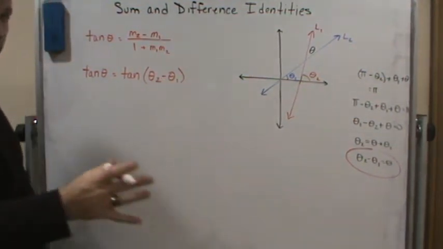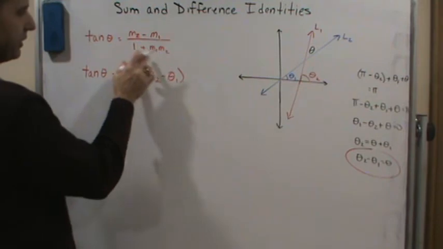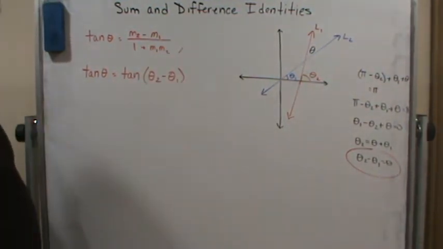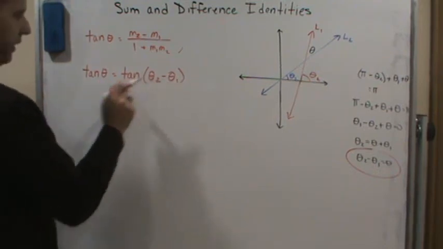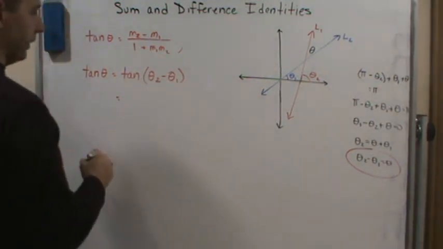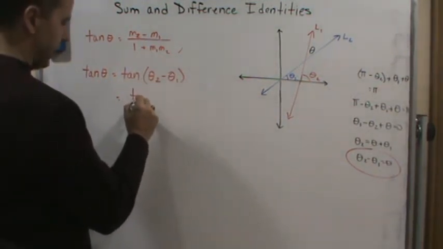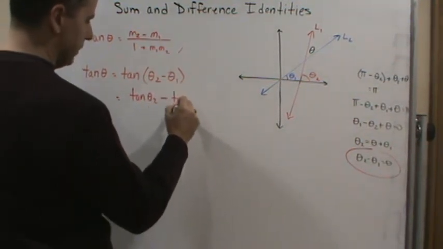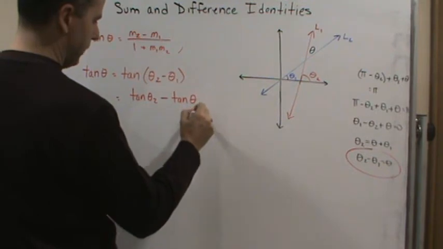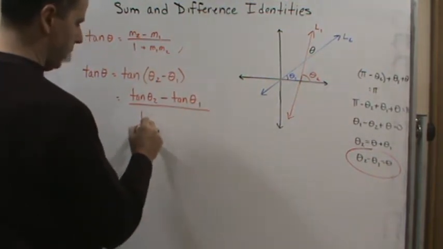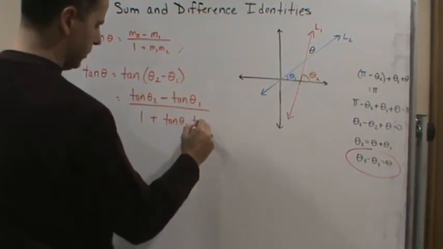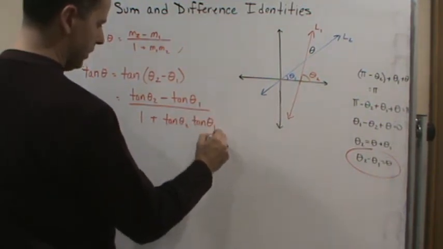And now this is where it falls apart, because now, as you can see, this looks very similar to the definition of this. So now what I'm going to do is I'm going to put it in there. So this is going to be tangent of theta 2 minus tangent of theta 1 over 1 plus tangent theta 2 times tangent theta 1.